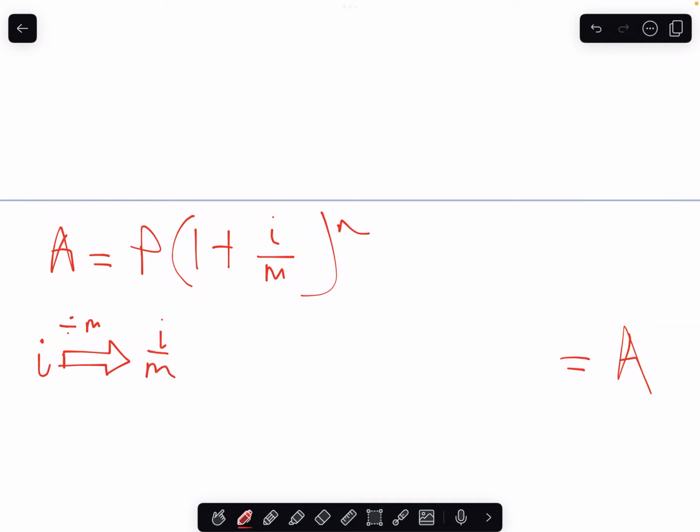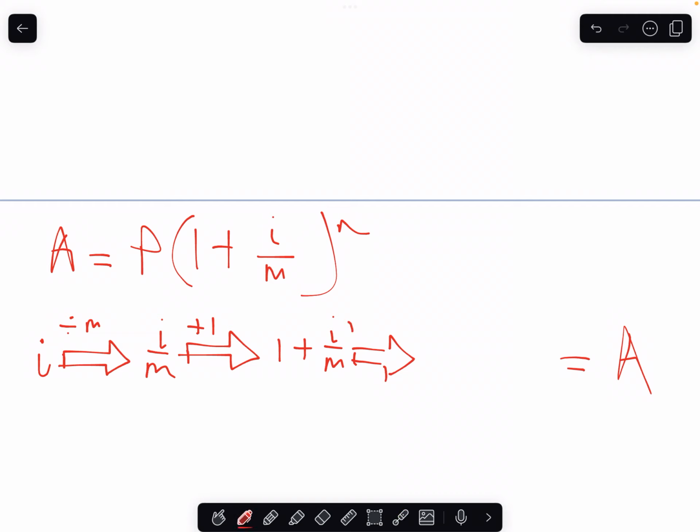Then the next thing we do is we add 1. So now we have 1 plus I over m. And then next up, we take this expression and we raise it to the power of n.